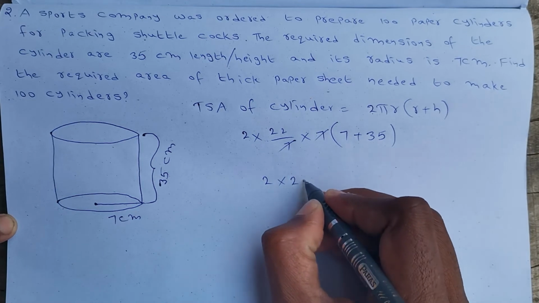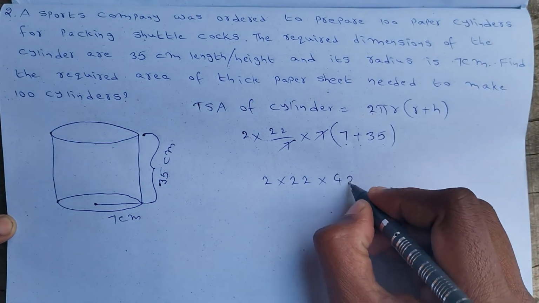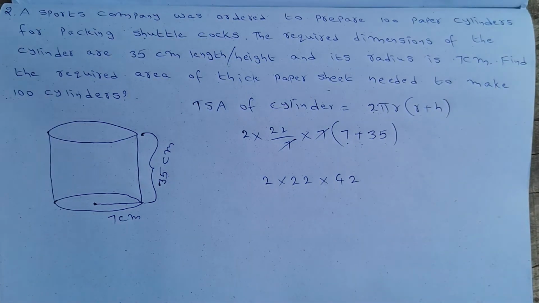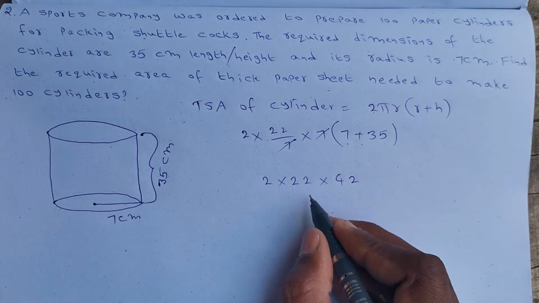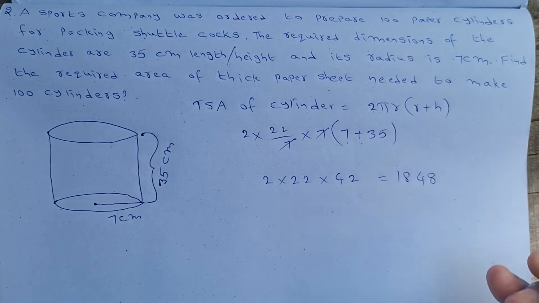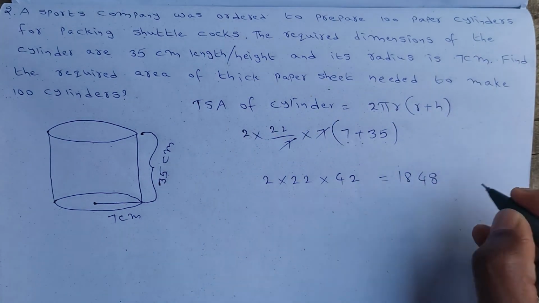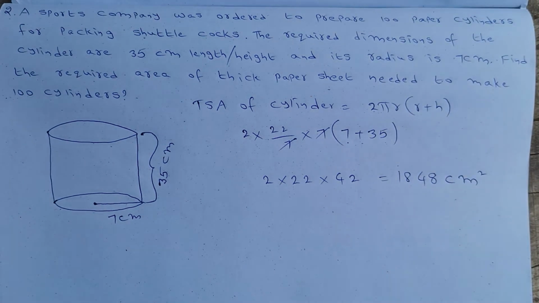So we remain with 2 into 22 into 7 plus 35, 42. So 2 into 22, 44, 44 into 42, 1848, and we are finding area and all the measurements are in centimeters. So this will become 1848 centimeter squares. This is area of one cylinder.